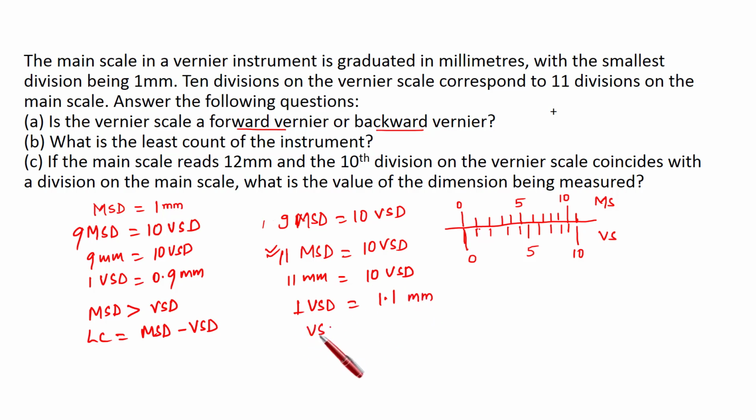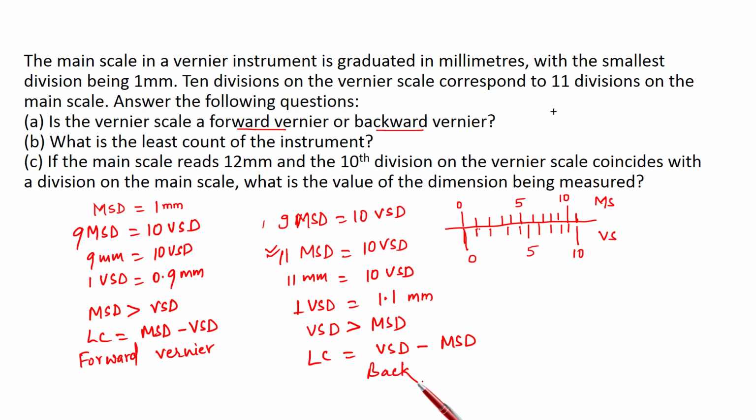So obviously vernier scale division is greater than main scale division. And in this case, least count will be equal to vernier scale division minus main scale division. Clear? So this is known as forward vernier and this is backward vernier.